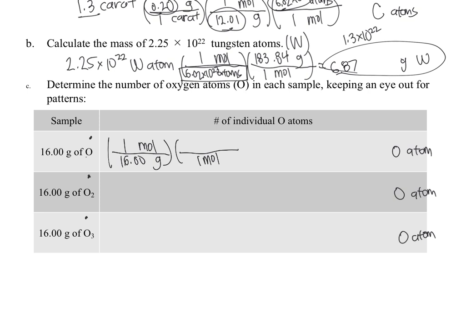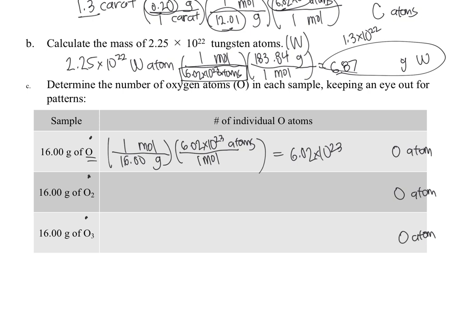Now notice this is a singular atomic oxygen, so we can go straight to atoms. 6.02 times 10 to the 23rd atoms, and done. So if we take that 16, divide it by 16, multiply by Avogadro's number, I get 6.02 times 10 to the 23rd atoms.